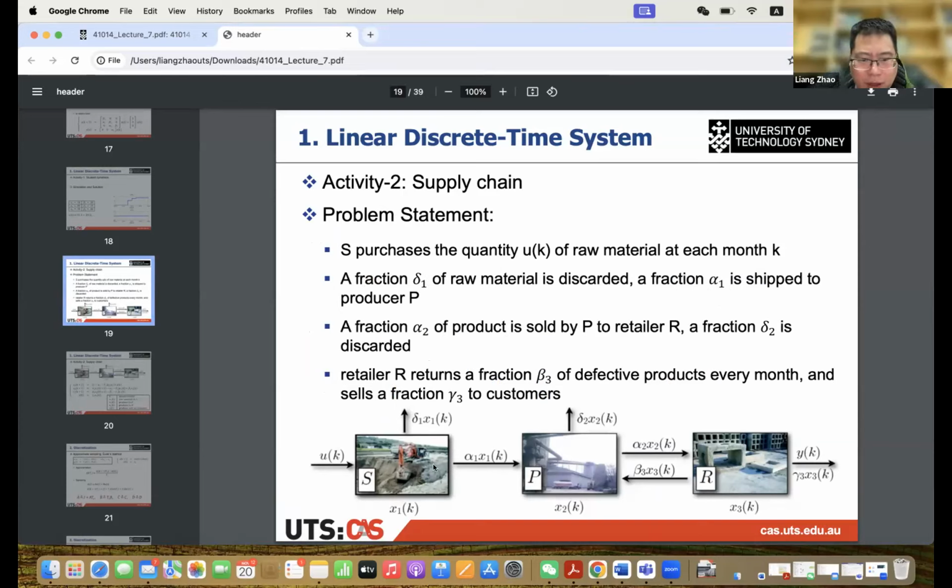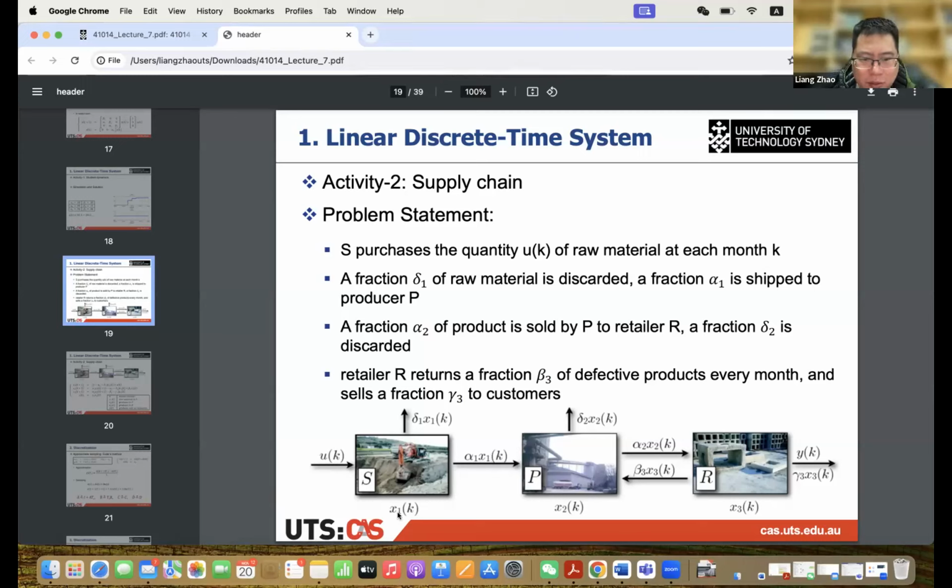So for S itself, it will get out delta 1 times x1, and also a portion of alpha 1 times x1. That's clear? Is that all right?